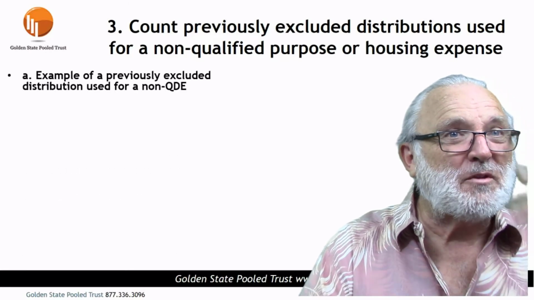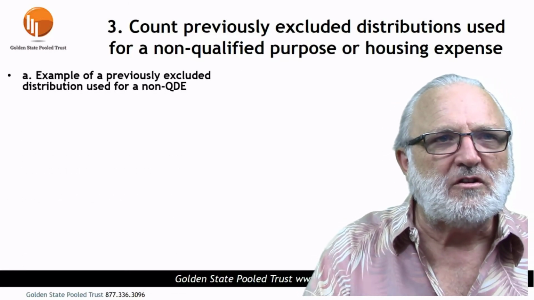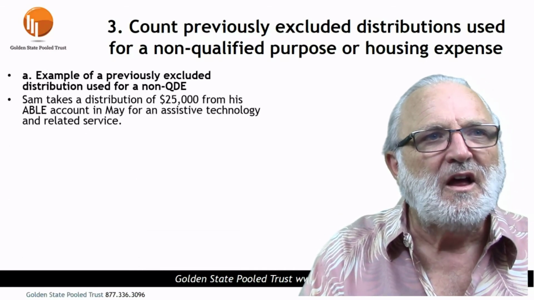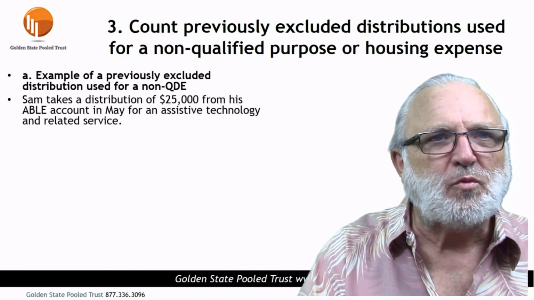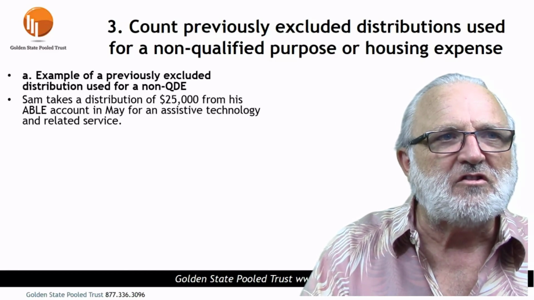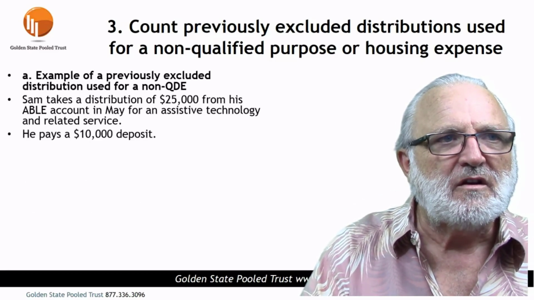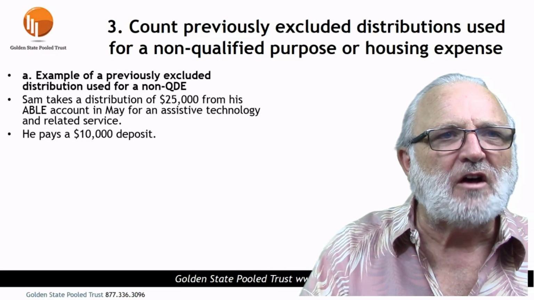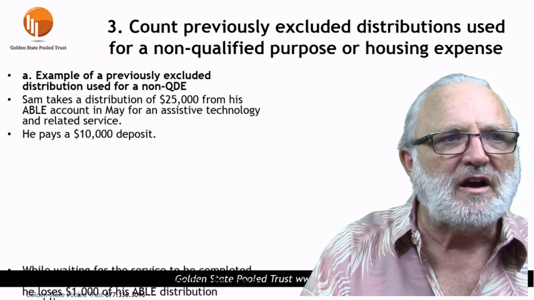So here's an example of a previously excluded distribution used for a non-QDE. Sam takes a distribution of $25,000 from his ABLE account in May for an assistive technology and related service. He pays a $10,000 deposit for the item.